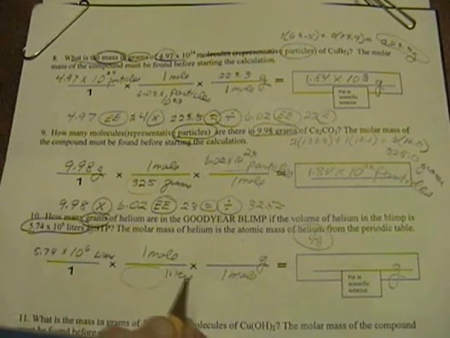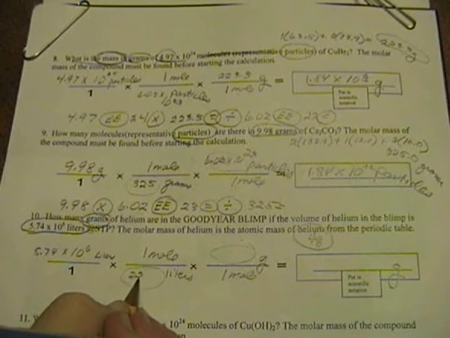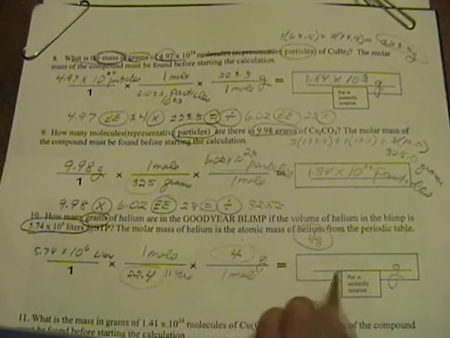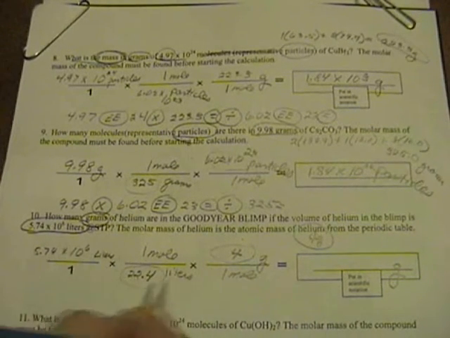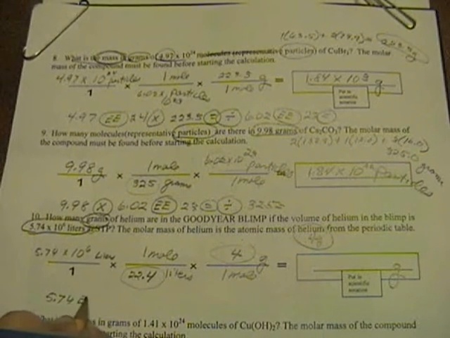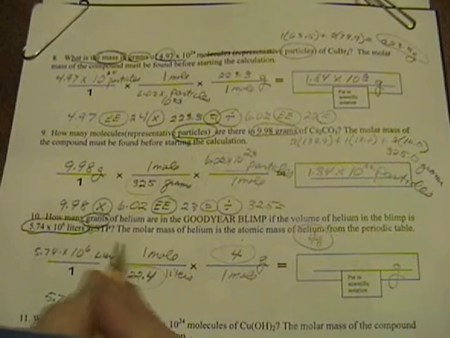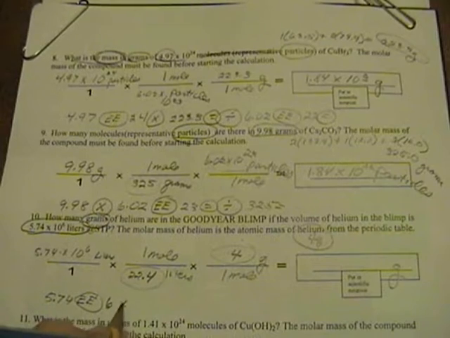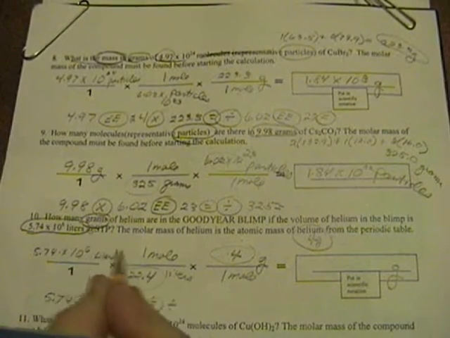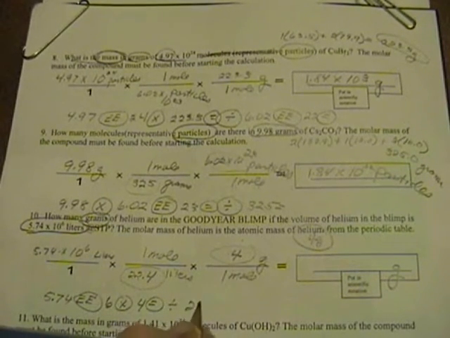Alright, the number associated with liters every time we do moles is 22.4. And grams is going to be 4. So we would do all our numerators times each other, so 5.74, double E takes care of the times 10, 6 times the 4 equals, divide, because we're at the end of our numerators, and then divide by our denominators, and we only have one denominator.